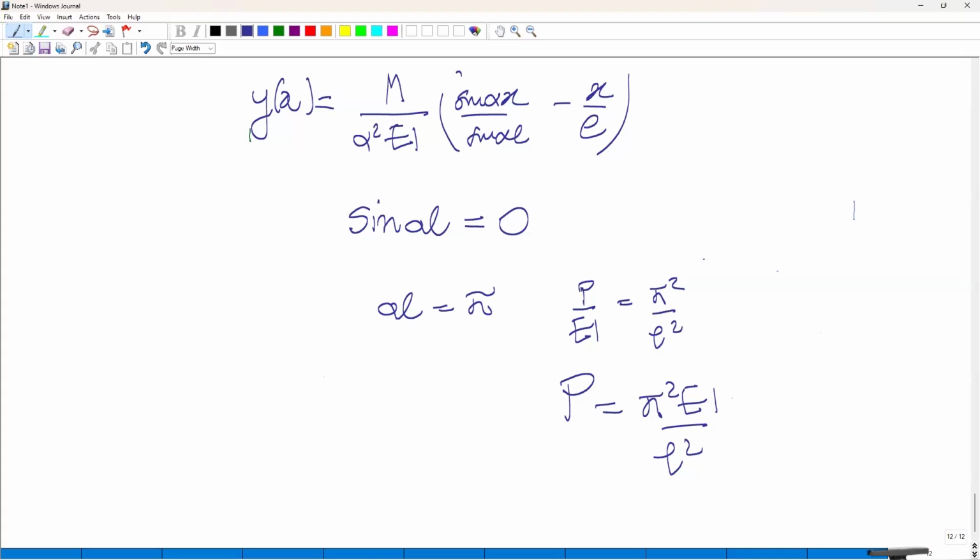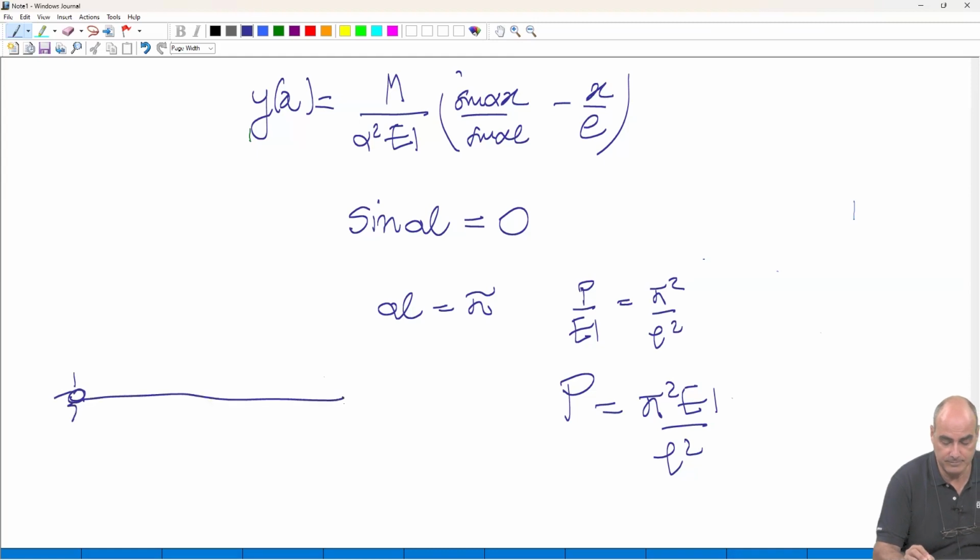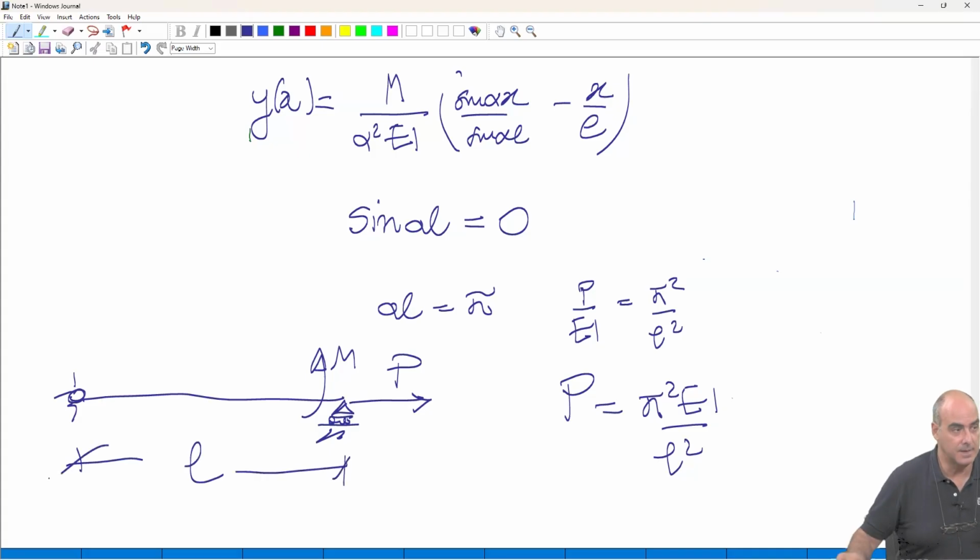Now we will make a very simple example, and then I assign you an exercise for this afternoon. Very simple. The exercise that I assign to you is to solve the same problem, but when the axial force is tensile.